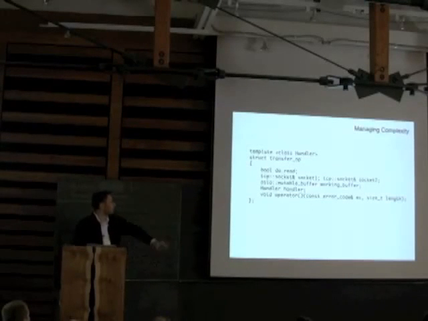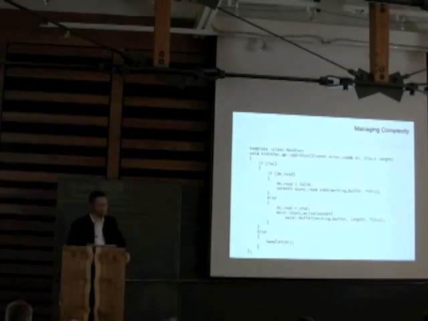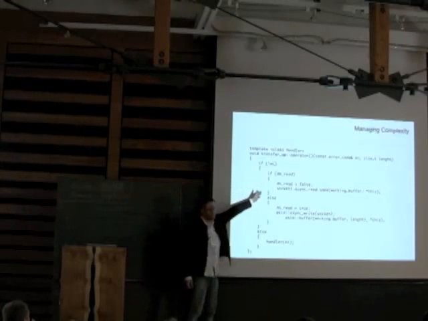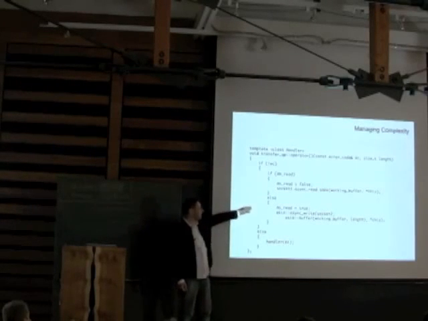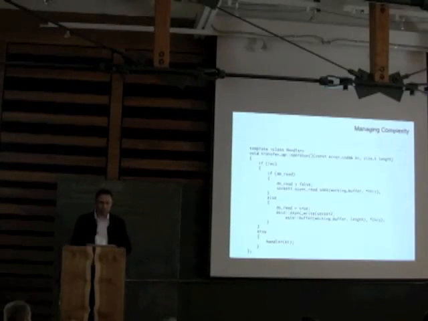You store the state as members of your function object, and in the function call operator, if I'm doing the read, we initiate the read, otherwise we initiate the write, and it just keeps calling back into this state machine at the completion of each underlying operation.